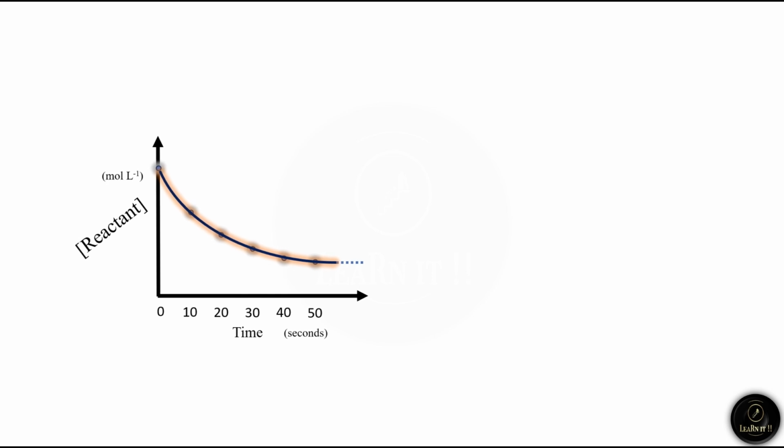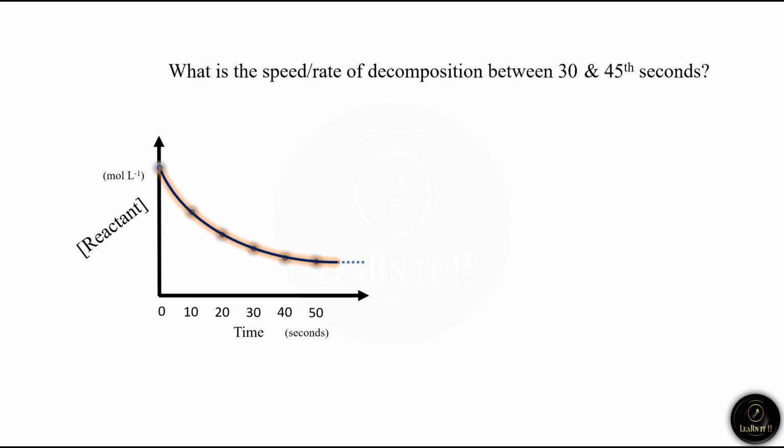Now another question arises, what is the speed or rate of decomposition between the 30th and 45th seconds? So we have the formula for rate. Point out the 30th second on the time axis. Draw a line which should meet the curve. We get a point. From that point, draw a straight line which should meet the reactant axis. We get a point A. Similarly, do it for the 45th second.